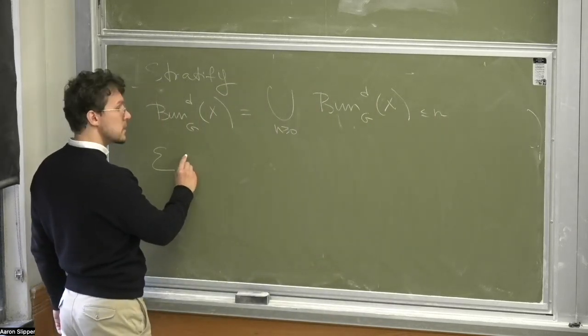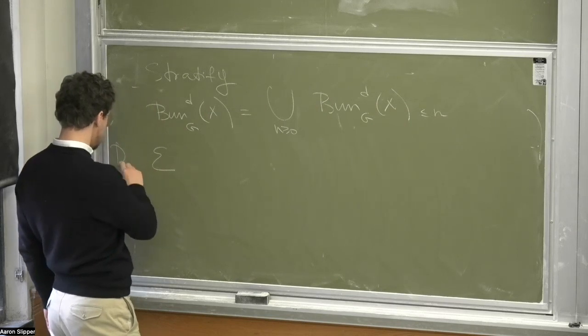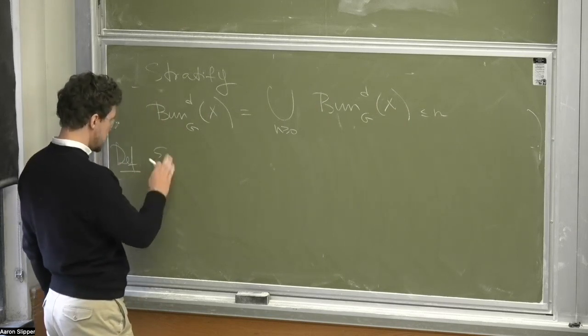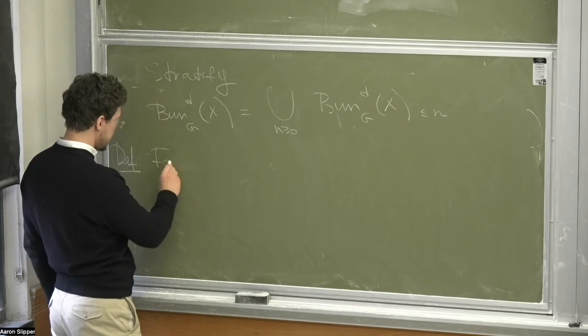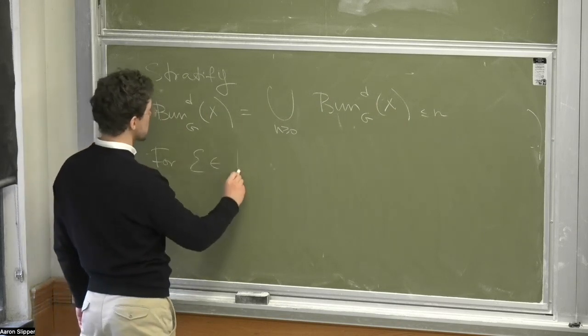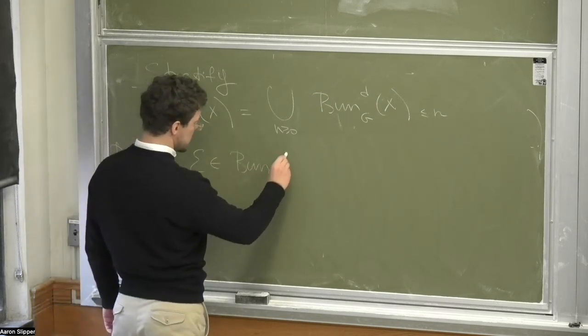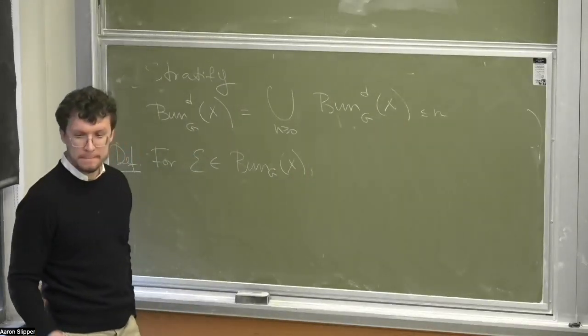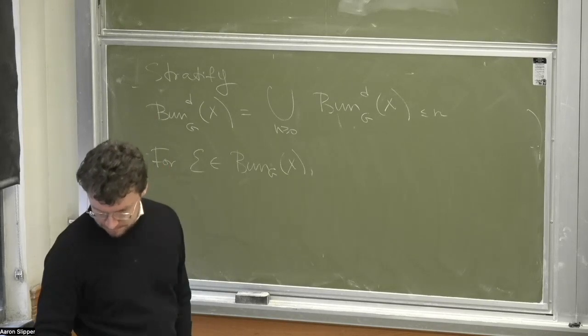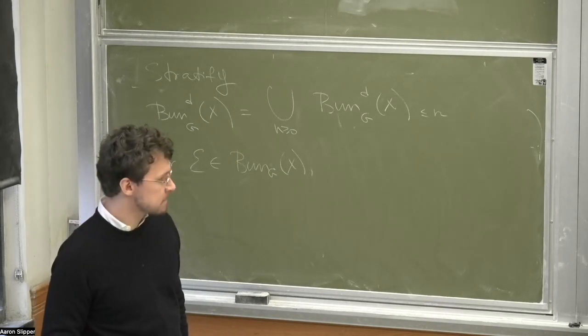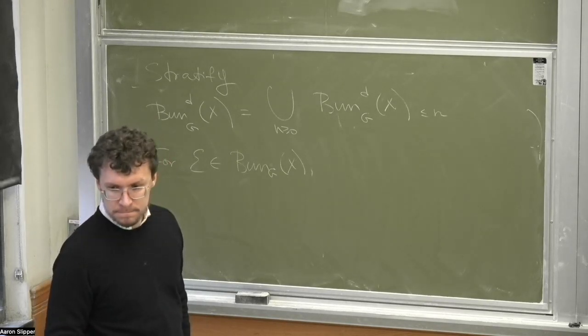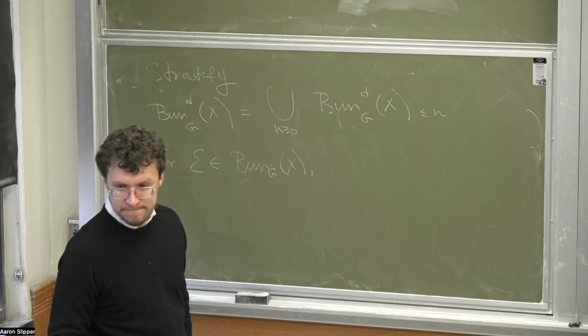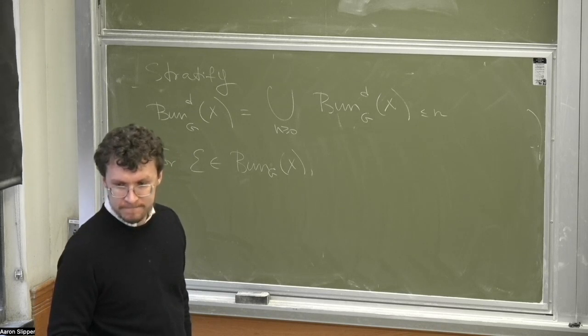Let me give the following definition. Sorry, just a quick reminder to self here. The degree stratification comes from the fact that every G-torsor over X has an essentially unique T-reduction, up to Weyl group.